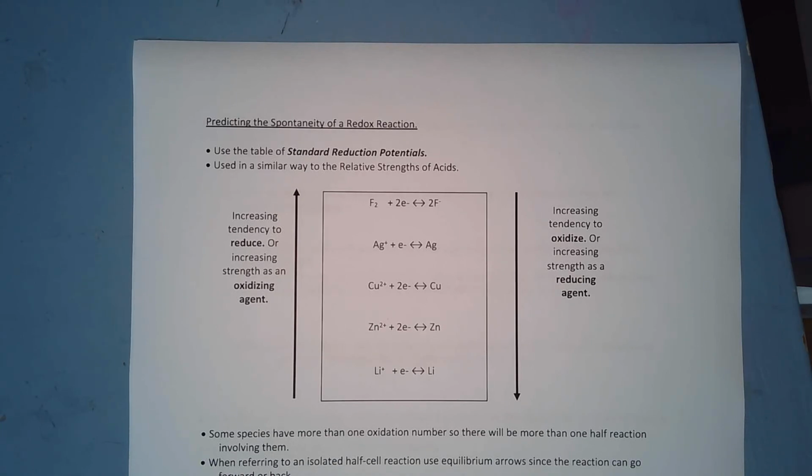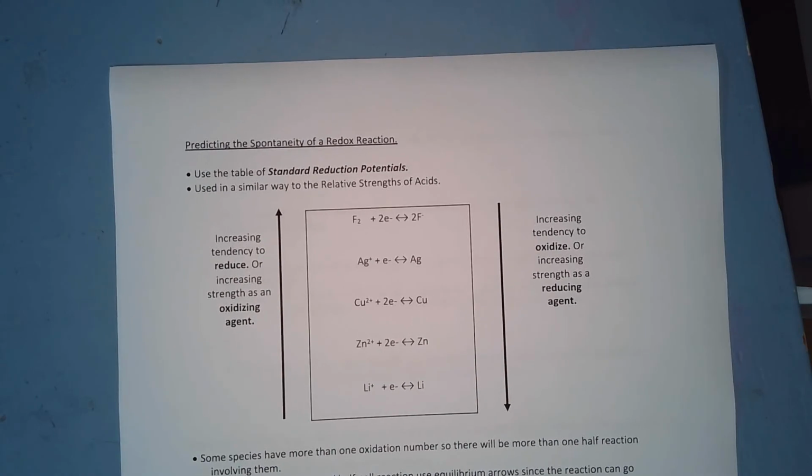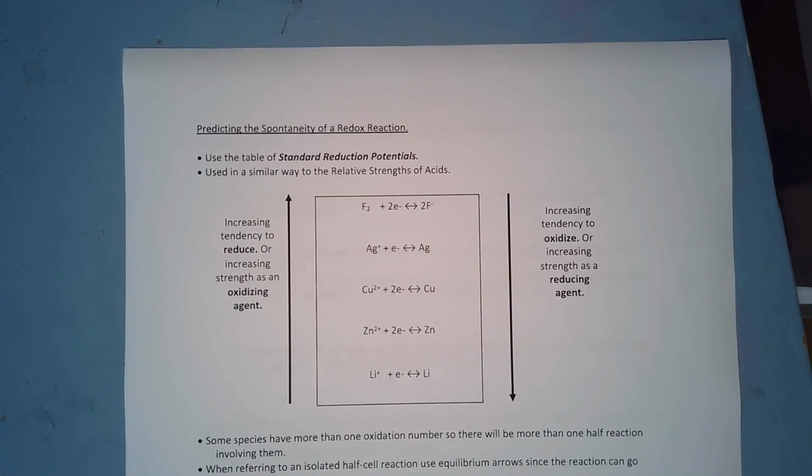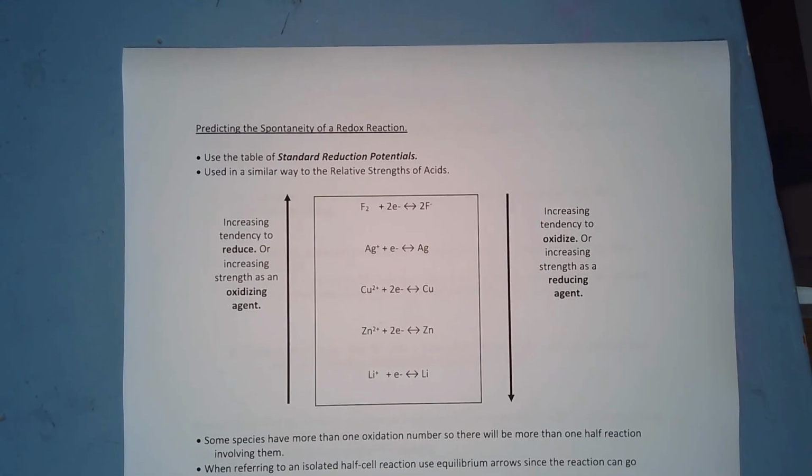So what we're going to look at now is we're going to determine, based on the materials that are put together, if we're actually going to get a redox reaction occurring. So what we're going to use is the table at the back of the textbook, which says standard reduction potentials, and this is kind of like the acid base table.